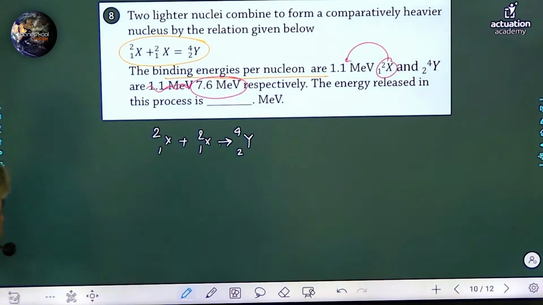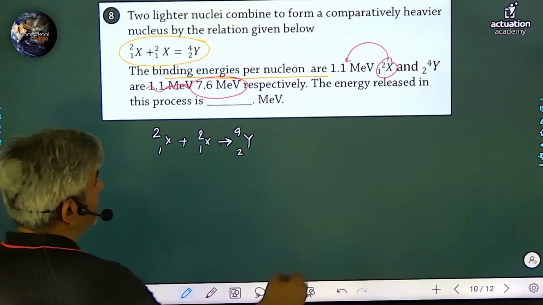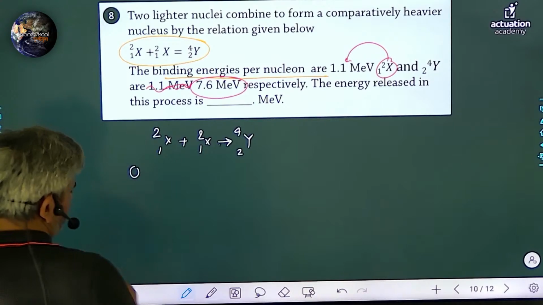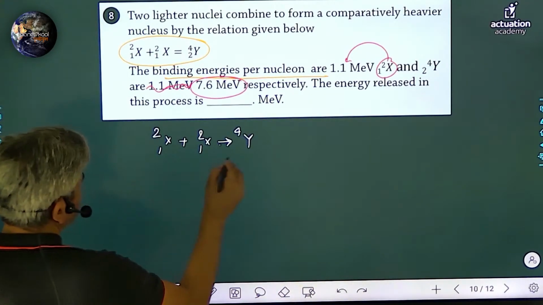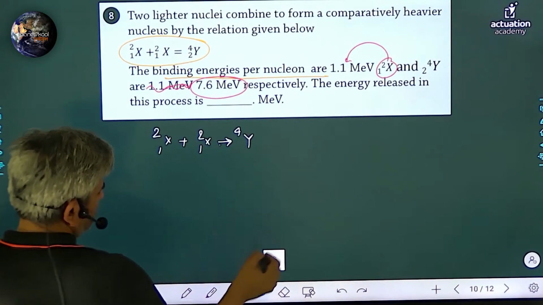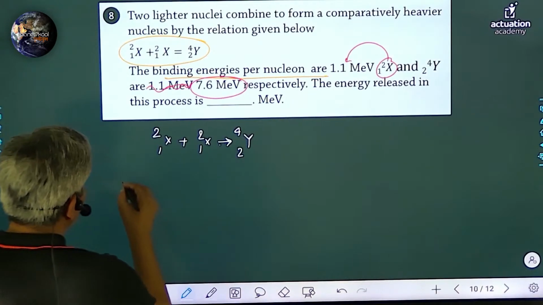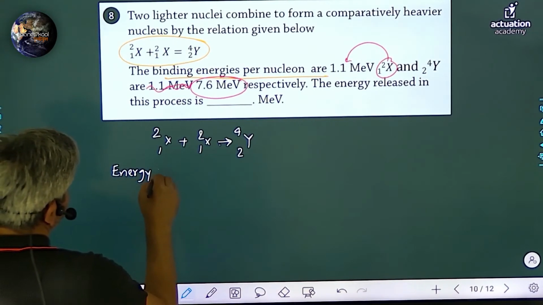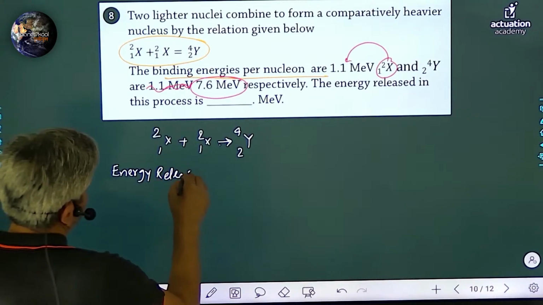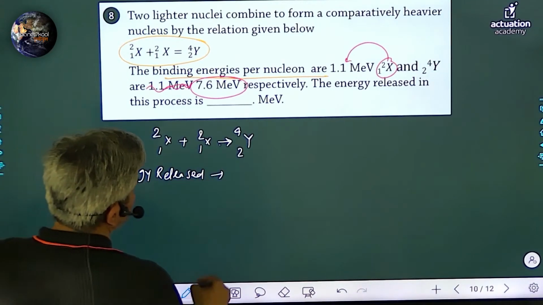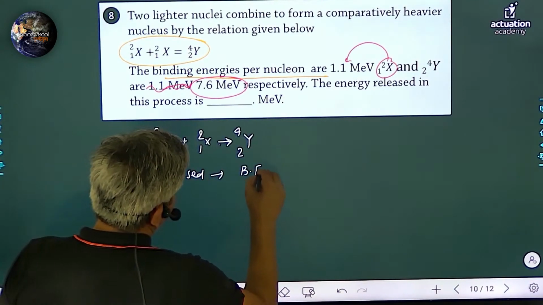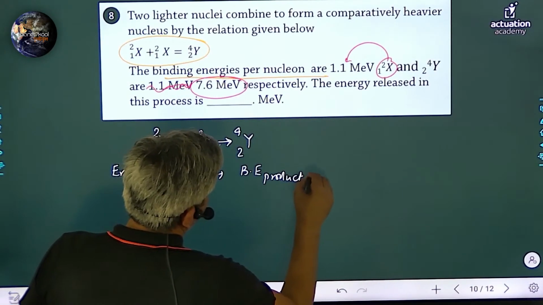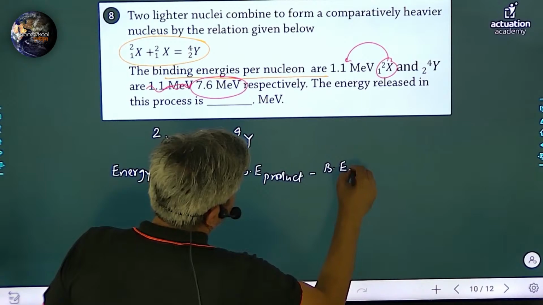Okay. Now, here we know the binding energy. So energy released can simply be written as, sorry, this is 2. Energy released in a nuclear reaction is binding energy of product minus binding energy of reactant.